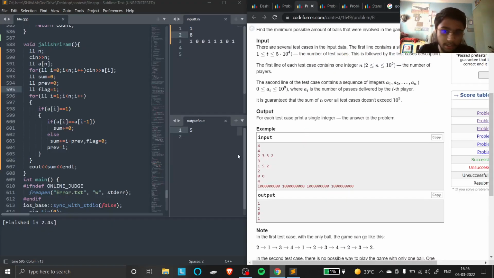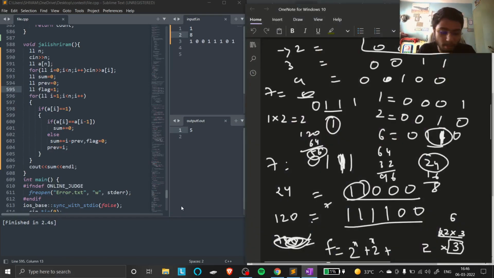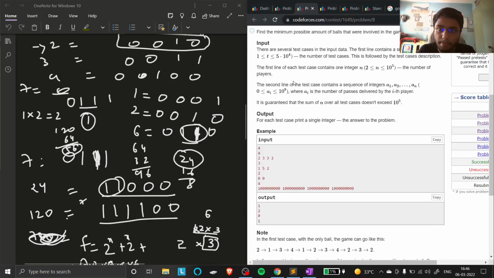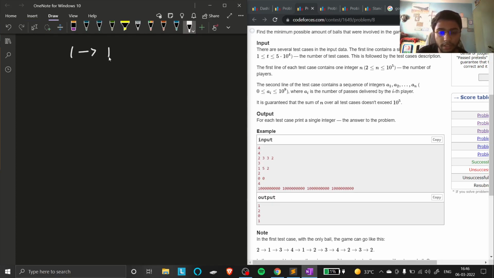So if you see here, one player has one pass, the second player has five passes, the third player has two passes. So what can we do?